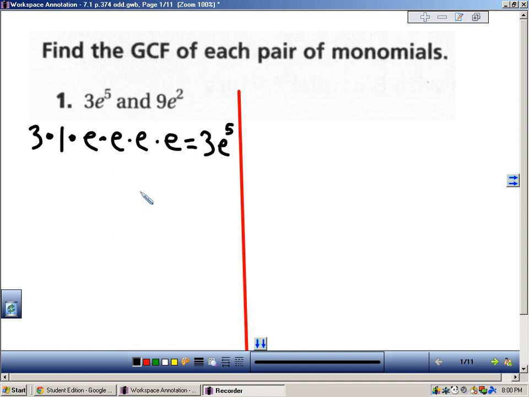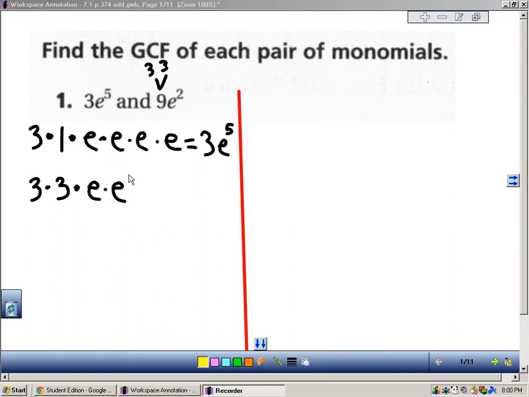Now, 9e squared, the prime factor form of 9 is 3 times 3. Right? And so, let's write that down. It's 3 times 3. And e squared is E times E. Now, for those of you who are still having trouble following along, a couple of things I want you to notice.